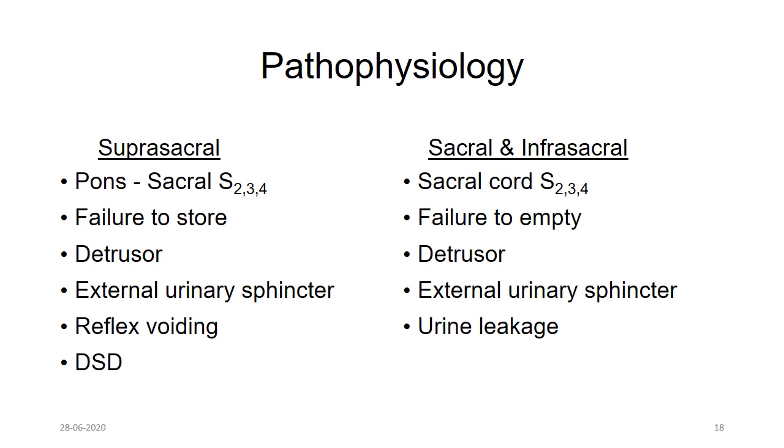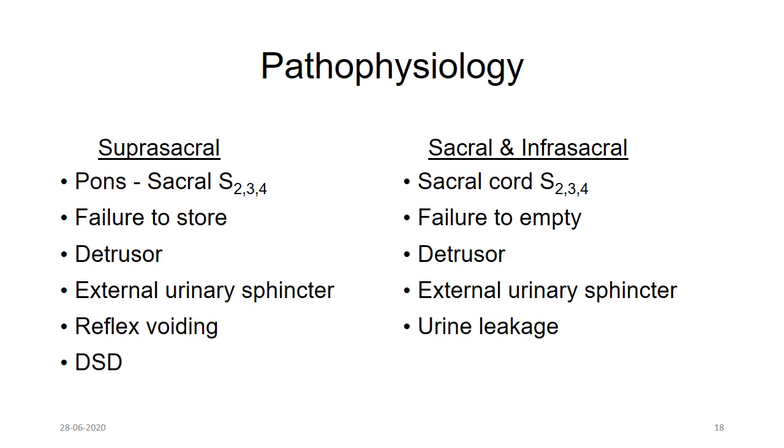But the internal sphincter, which is supplied by the sympathetic nerves, will function normally, and this causes urine retention to some extent. And the fourth difference is that in suprasacral level or UMN bladder, there will be reflex voiding or simultaneous contraction of the detrusor and sphincter, which causes detrusor sphincter dyssynergia, and this causes an increase in bladder pressure and upper tract changes.